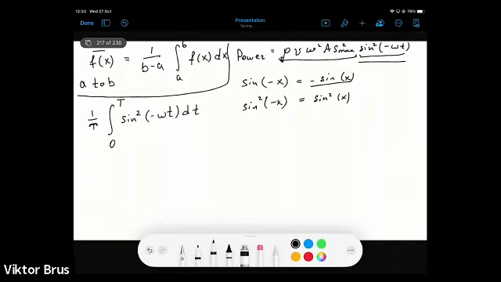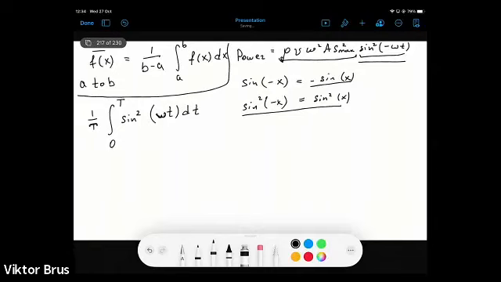That's why, instead of sine square minus x, we can consider just sine square x. So we can neglect the minus in our argument, delete it here, and consider sine square omega t dt, which will be more convenient.